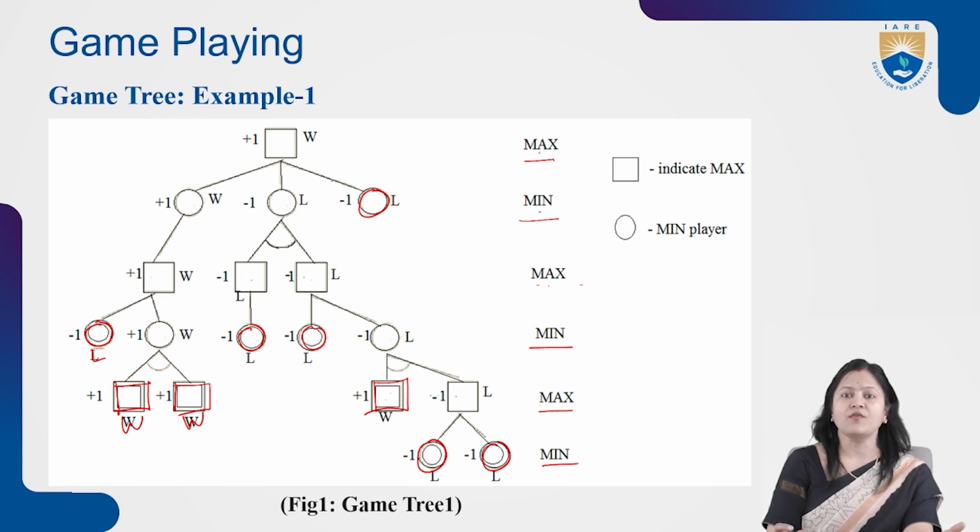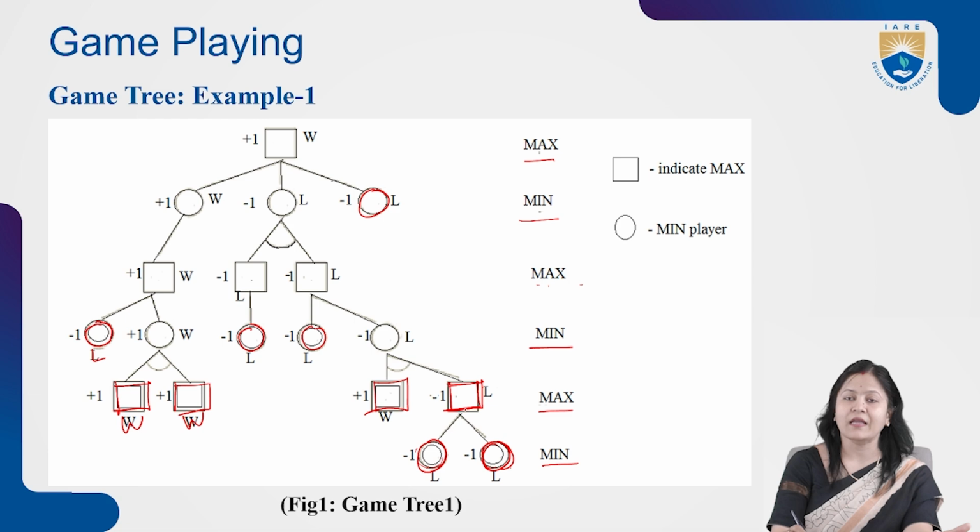Now we have to find out the status of the non-leaf nodes by following the bottom-up process. As it is bottom-up, we start from the last level. These two are at the last level. What is the next level? We will find out the status of this one, which is at the max layer.